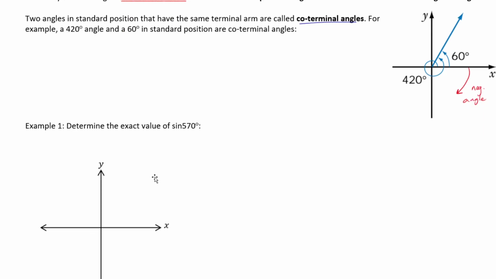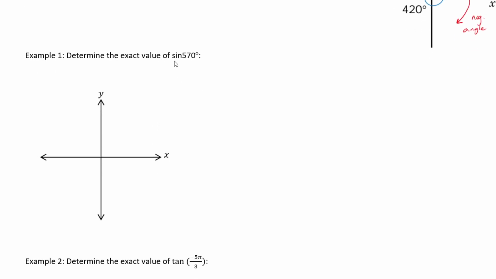If we were to determine the exact value of sine of 570 degrees, well, 570 degrees definitely includes one full rotation. So what I'm going to do is take 570 degrees and subtract a full rotation from that. And what I should get from there is 210 degrees.